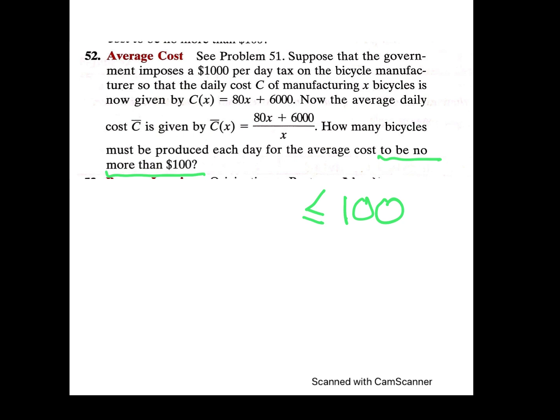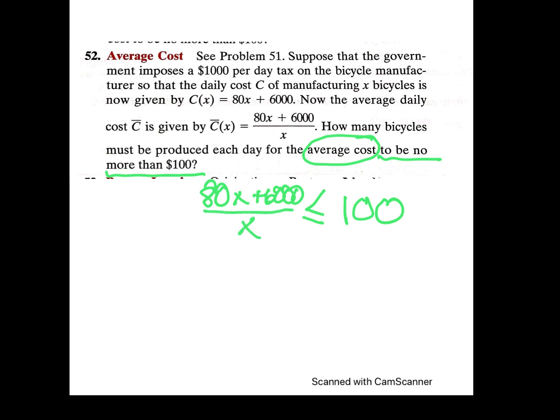So no more than 100 means that $100 is as big as it can get. So it has to be smaller than the $100, but it could be equal because it can be no more than 100. All right? And then what is no more than 100? The average cost. So we take 80x plus 6,000 and divide it by x.